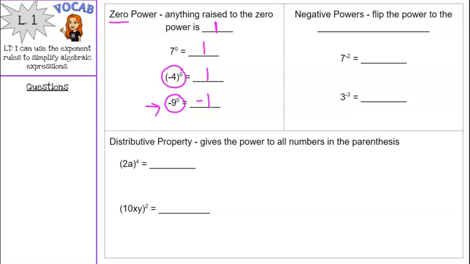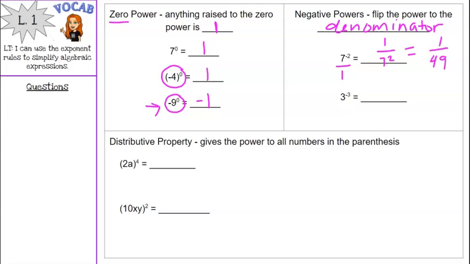Negative powers: flip the power to the denominator. Now remember, the denominator is the bottom number of a fraction. So really any whole number is over 1. So this is 7 to the negative 2nd power over 1. We're really just flipping it, and it becomes 1 over 7 to the 2nd power. 7 to the 2nd power is 7 times 7, which is 49, so 1 over 49.